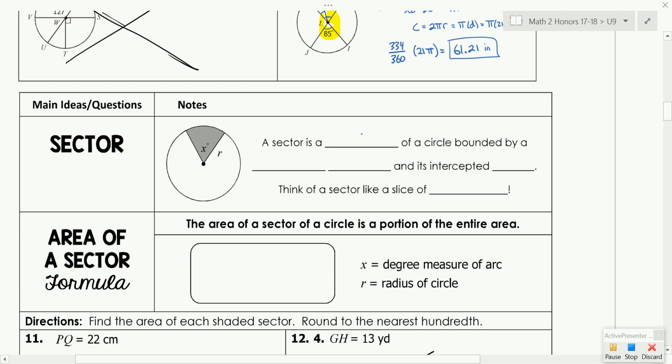So a sector is a central angle of a circle bounded by the circumference and its intercepted arc.